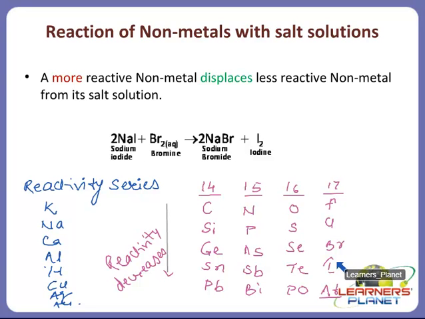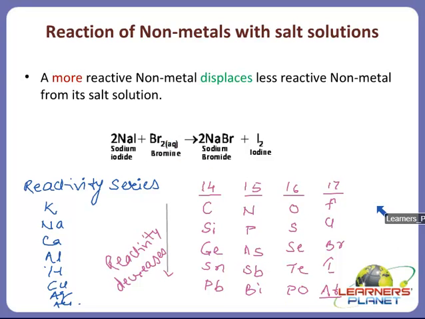So the non-metals or the elements lying above can replace the elements lying below from their salt solutions. For example, which salt solution is this, children? It is sodium iodide, right? It is reacting with bromine.